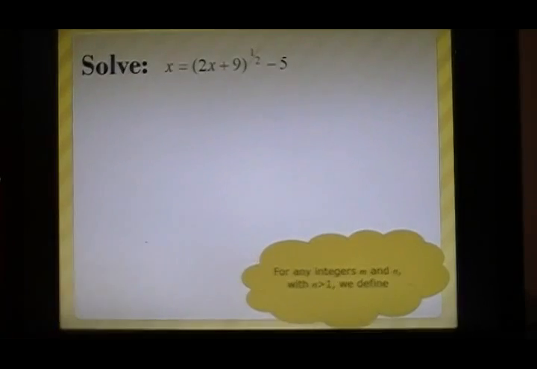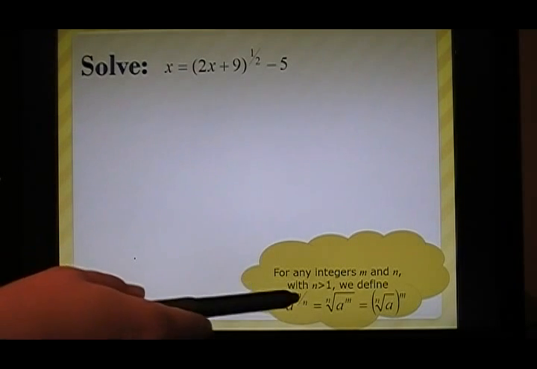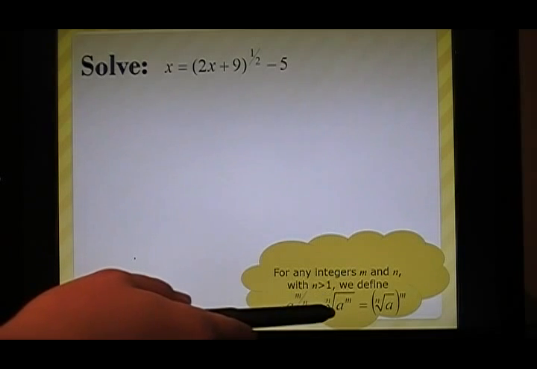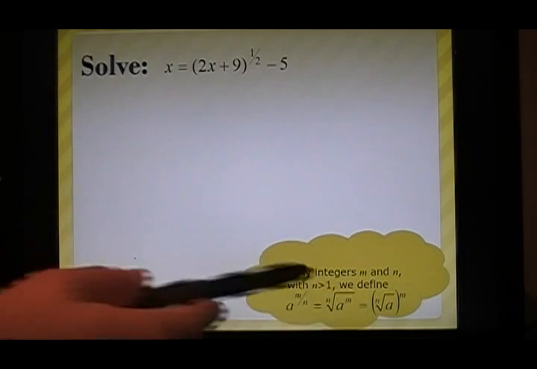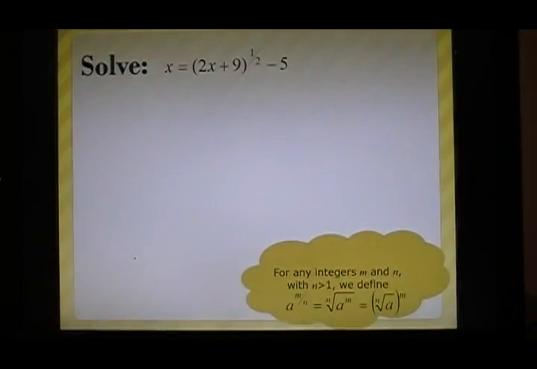It is true for any integers m and n with n greater than 1, we define a to the m over n as the nth root of a to the m power, or the nth root of a all to the m power.